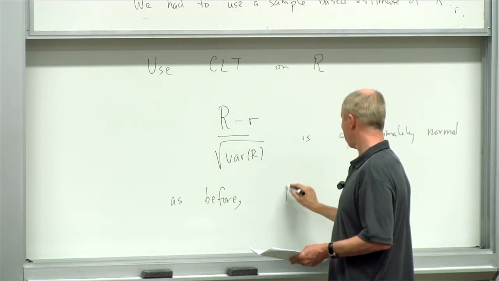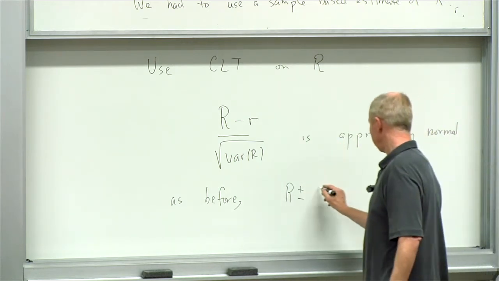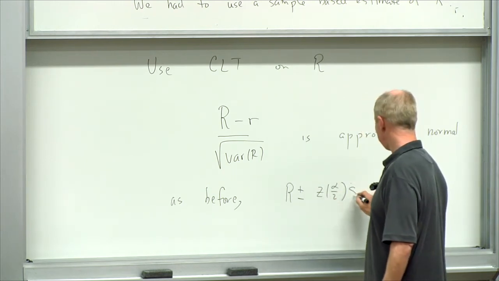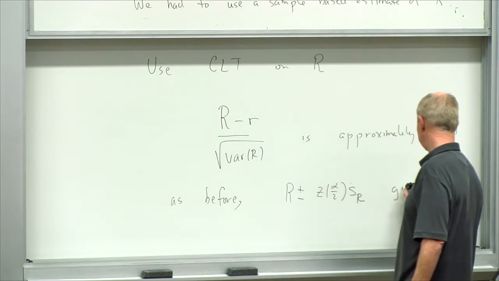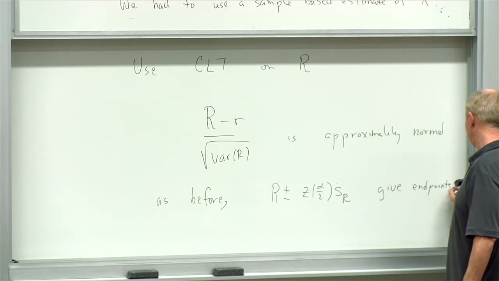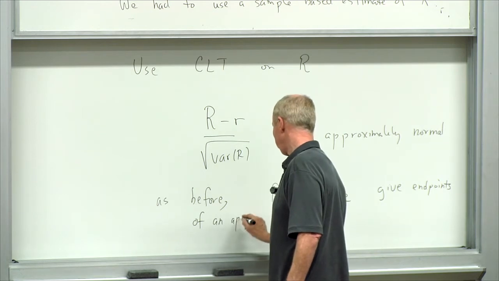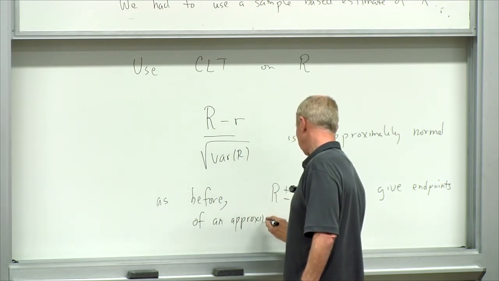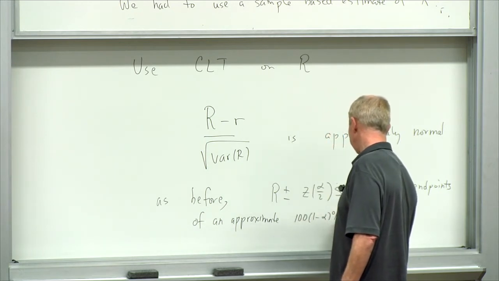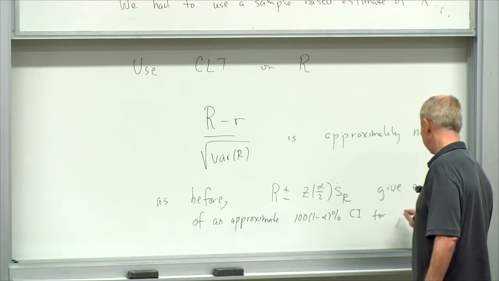So we'd have R plus or minus Z of alpha over 2, S sub R, give endpoints of an approximate 100 minus alpha percent CI for the parameter little r.